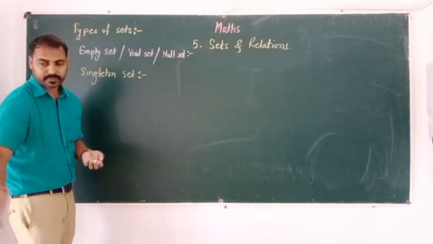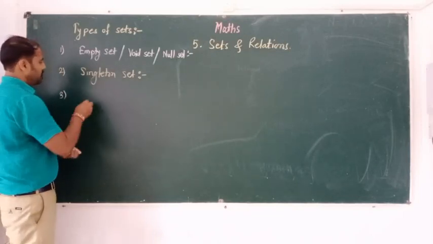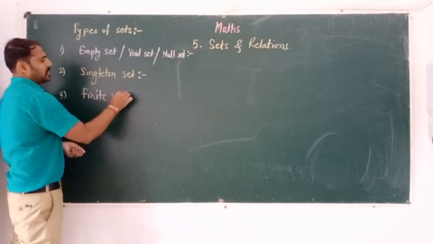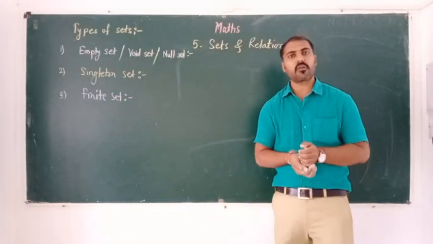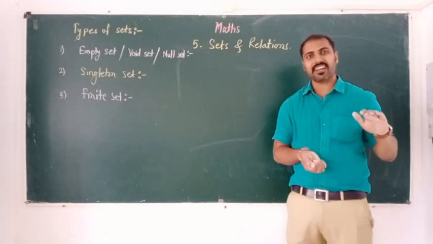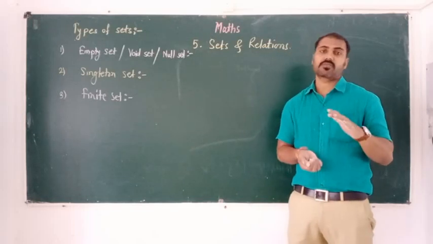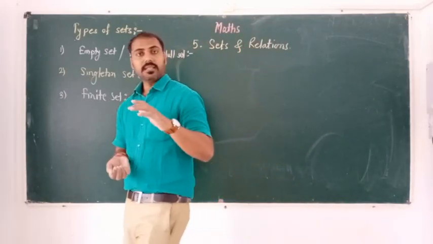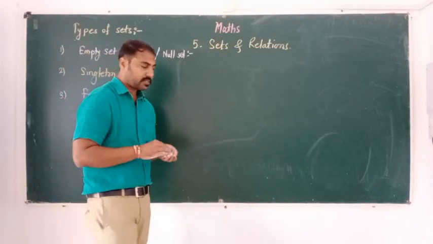Now, the third type of set is the finite set. A set in which the number of elements is countable or finite is called a finite set.